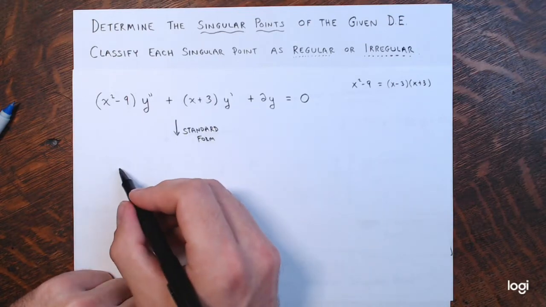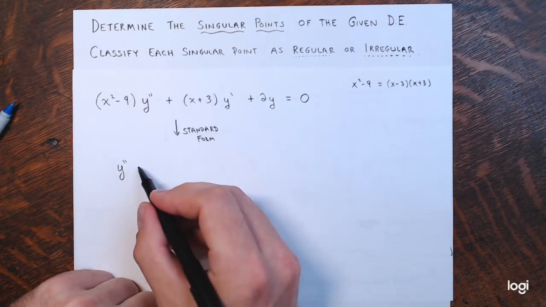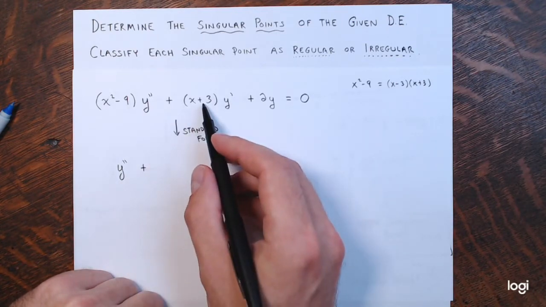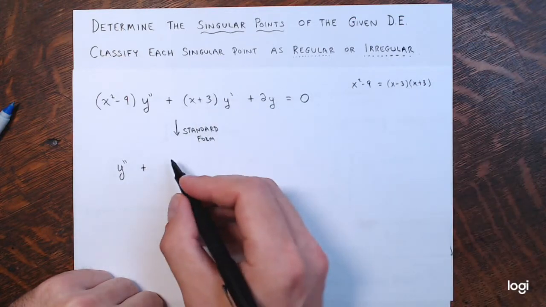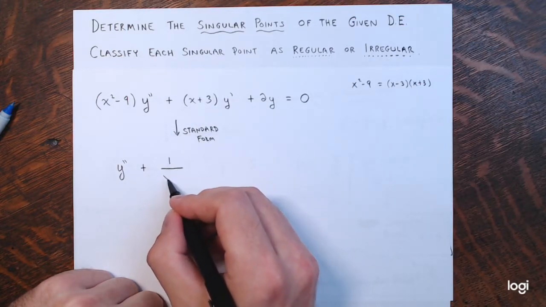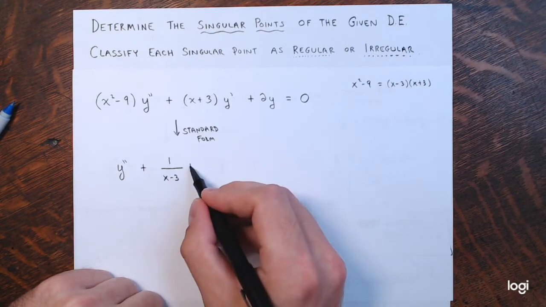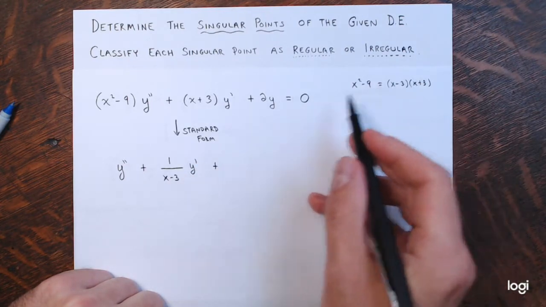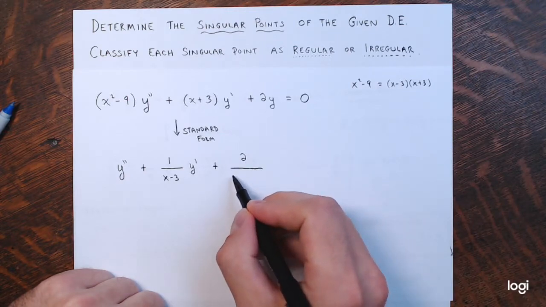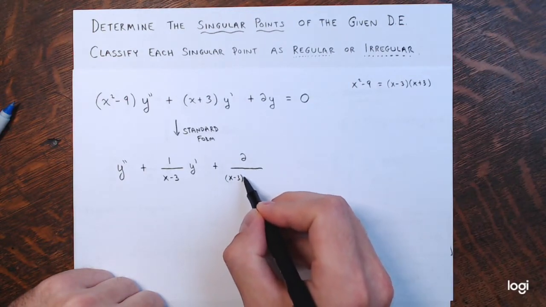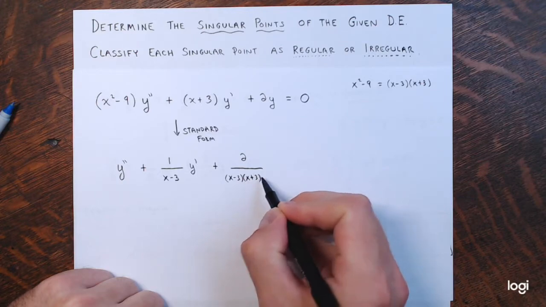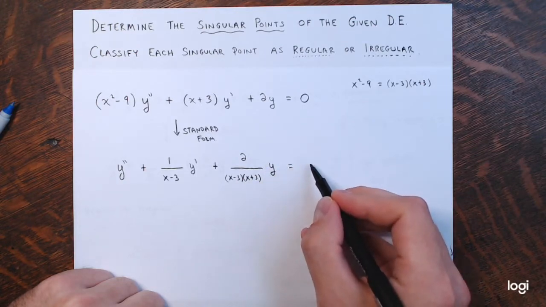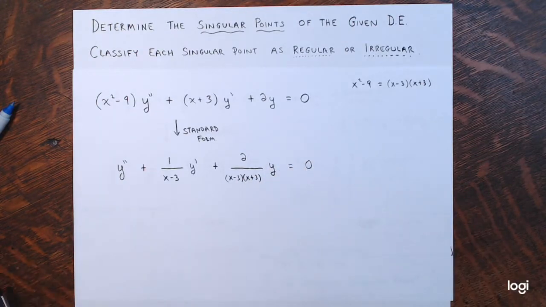So we have y double prime plus, and then x plus 3 divided by this would just be 1 over x minus 3, times y prime, plus 2 over x minus 3 times x plus 3, times y equals 0. Now I'm in the standard form.